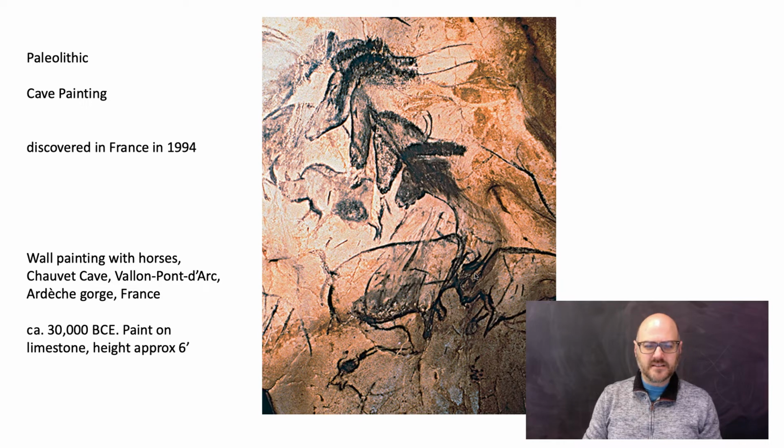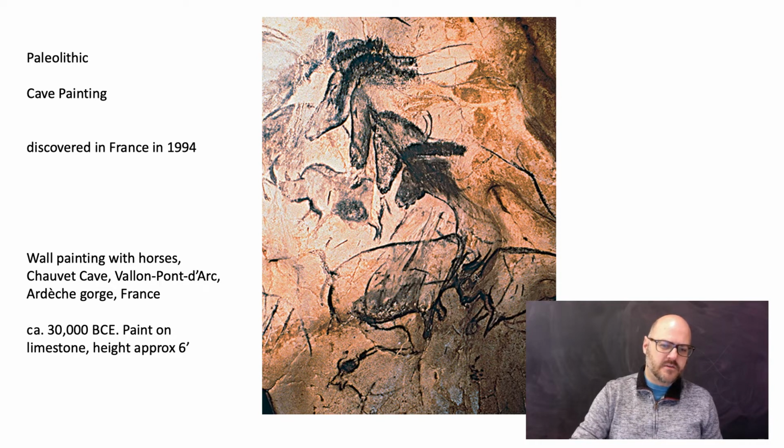It's interesting, their motivation. It must have been a difficult existence, but yet they're still making art. And you can see in this that the level of detail was so surprising to the people who first started looking at this in 1994 that they thought that it was fake because it was about 10,000 years older than any other known cave painting at the time.